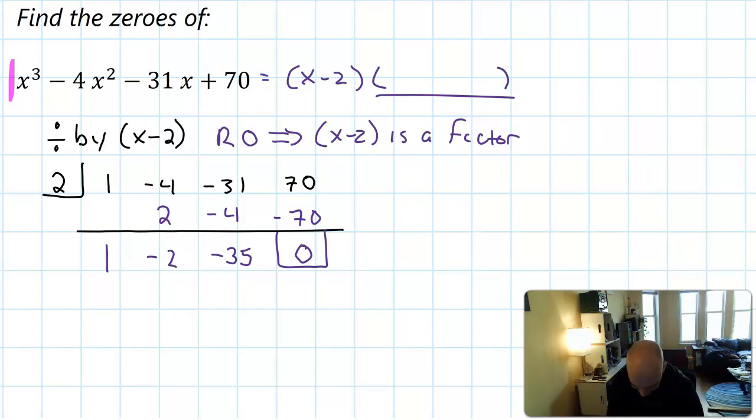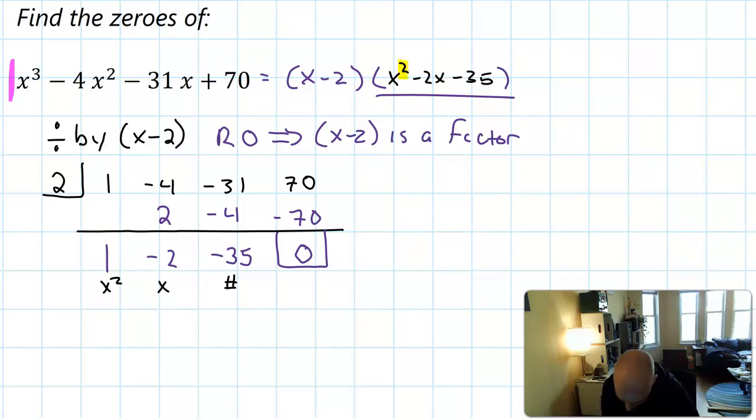Well, remember in synthetic division that everything that's not the remainder gives you the terms. This is the constant, this is the x squared. So really what we have been left with is x squared minus 2x minus 35. Now, we could take 1, negative 2, negative 35 and keep on dividing, but once you get down to a quadratic on something like this, it's actually best to just factor.